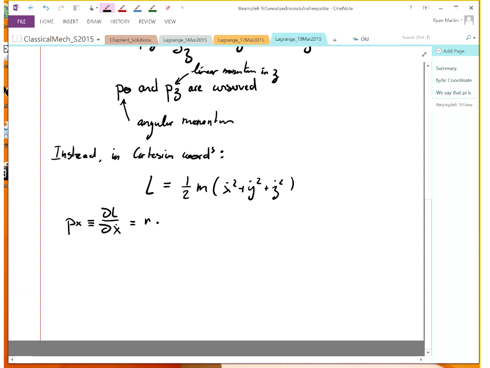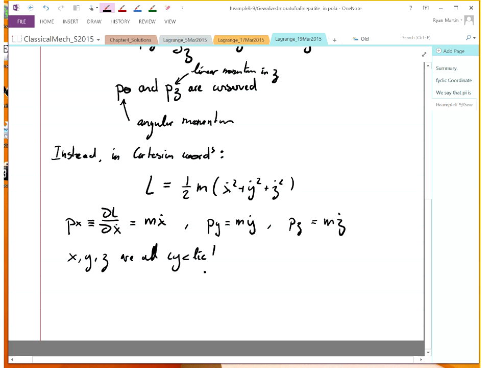So p_x is m x dot, and then we won't be too surprised if p_y is m y dot, and p_z is m z dot. So x, y, and z are all cyclic. Hence, p_x, p_y, and p_z are all conserved.